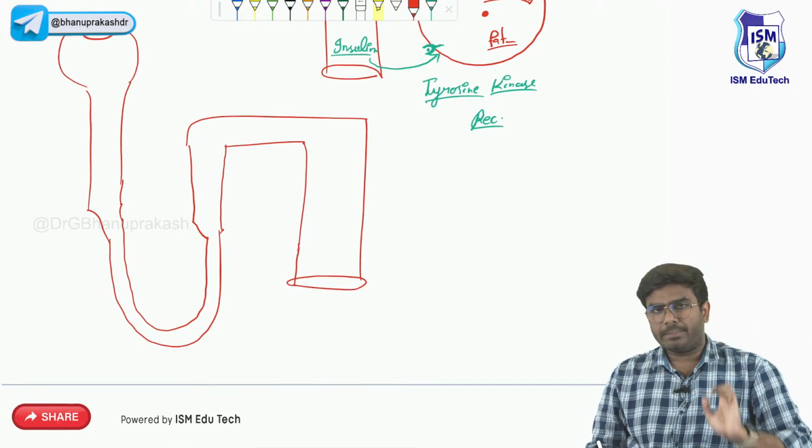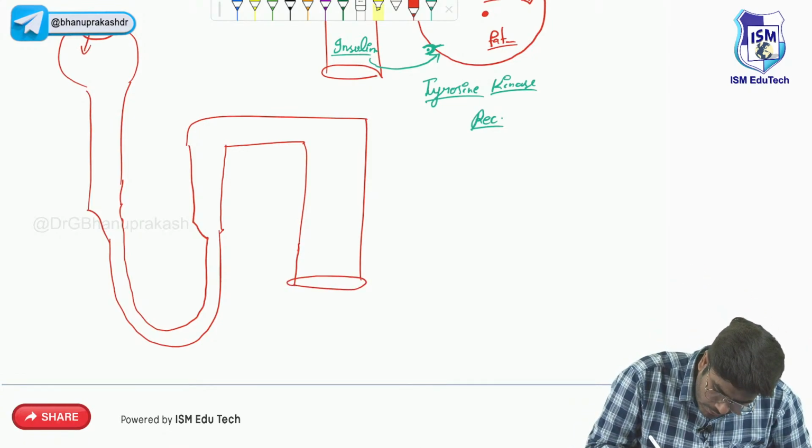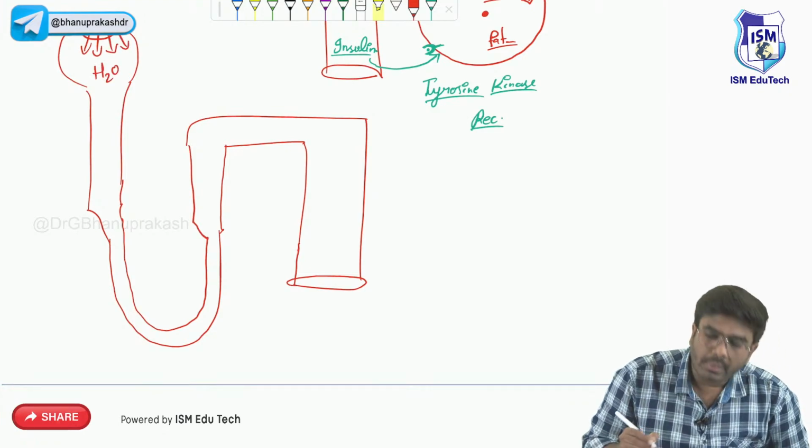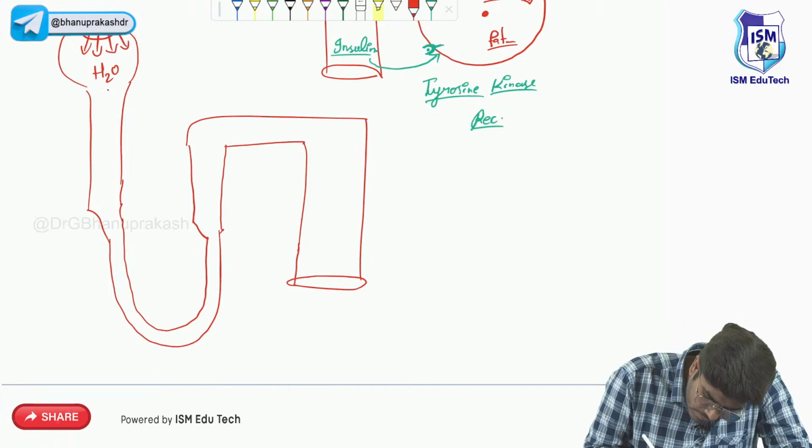Now see, we all know that when water is filtered here in the Bowman's capsule, this water is coming to the proximal convoluted tubule.